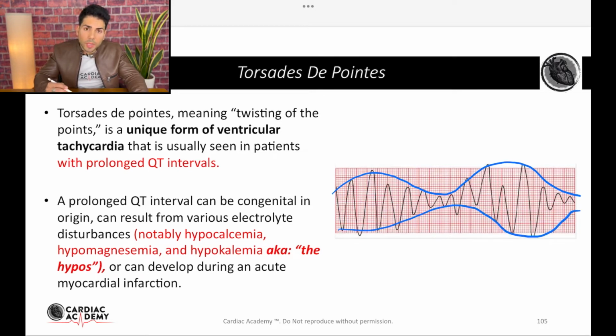It goes up and then goes down and then up again, like in this example. And it's usually seen with what I call the hypos: hypocalcemia, hypomagnesemia, and hypokalemia, okay? So try to remember it that way. The hypos will cause torsades, okay? So try to always replete your patient's electrolytes to avoid this kind of arrhythmia, all right?